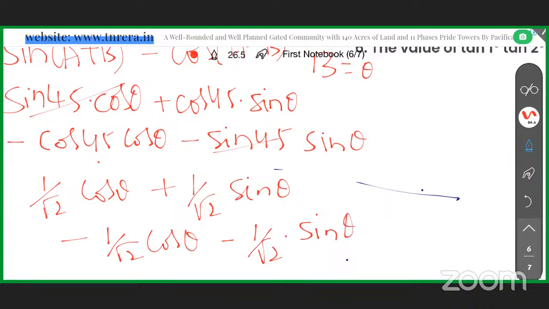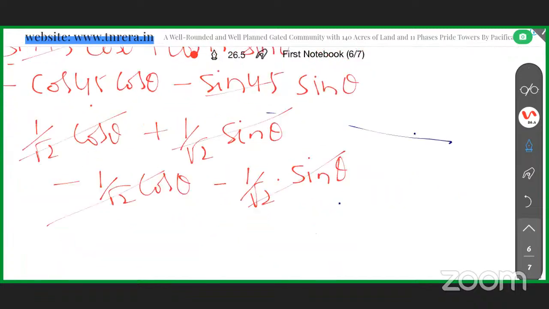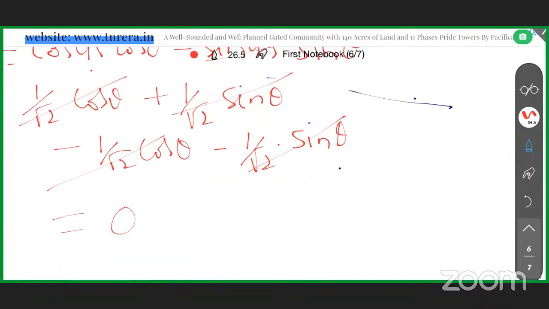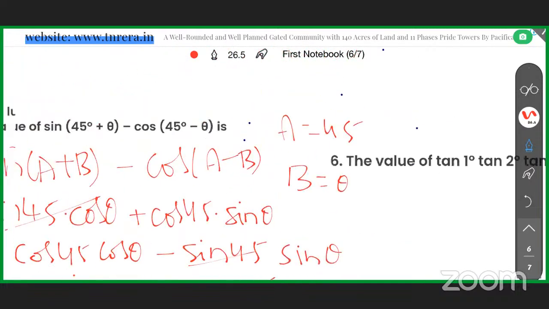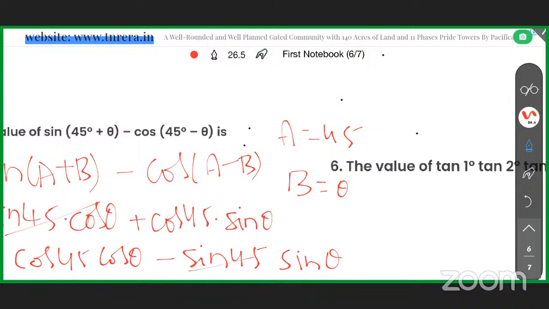See, 1 by root 2 cos theta plus and minus is getting cancelled. Again, 1 by root 2 plus sin theta and 1 by root 2 minus sin theta is getting cancelled. So what are we left with? We are left with the answer 0. So the value is 0 when we evaluate sin 45 plus theta minus cos 45 minus theta.